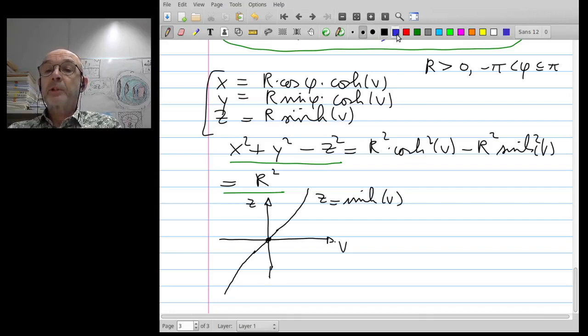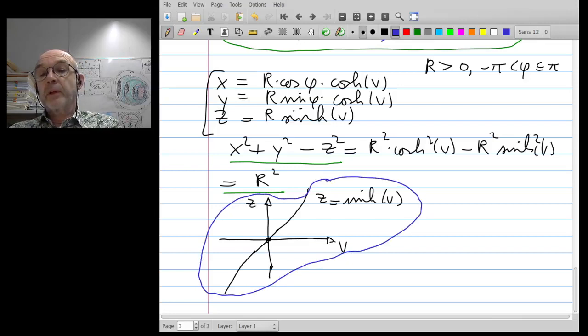And this is just the graph of the sine hyperbolic. And you see that the z goes from minus infinity to plus infinity. So you have every element of R, that is no problem. And so you can take v out of R.